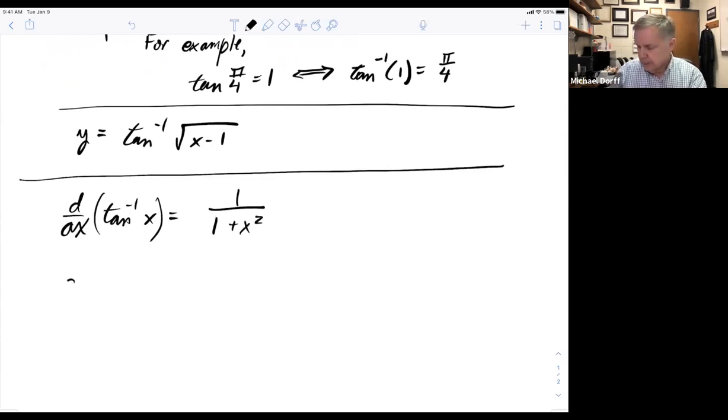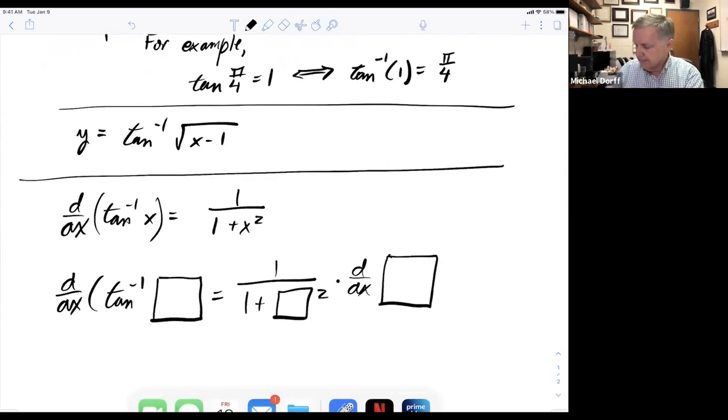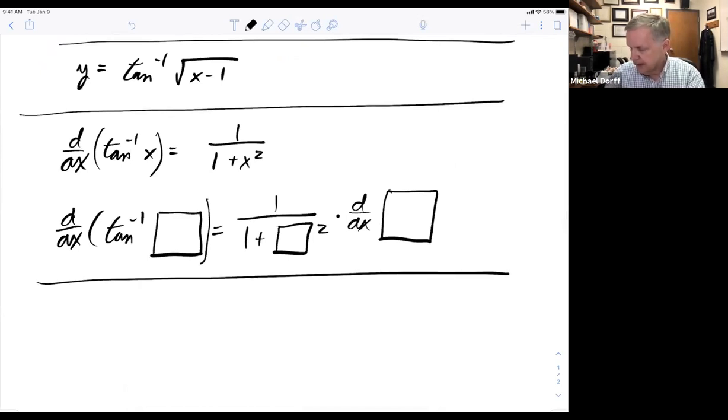So what if I have something more complicated? What's the derivative of the inverse tangent of, we'll just put a box here? It's going to equal 1 over 1 plus that box squared times the derivative of that box. By the way, that derivative of the box at the end is because of the chain rule.